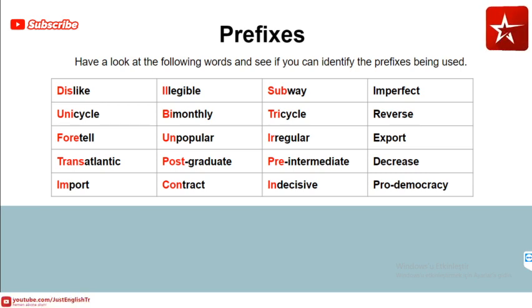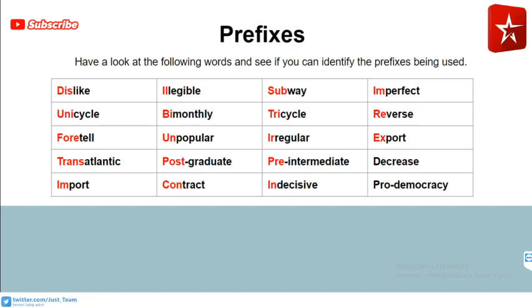And then in the far right corner we have im, as in imperfect. And then the word below we have reverse, and the prefix there is re, of course. And then we have the word below that, export, and the prefix there is ex.